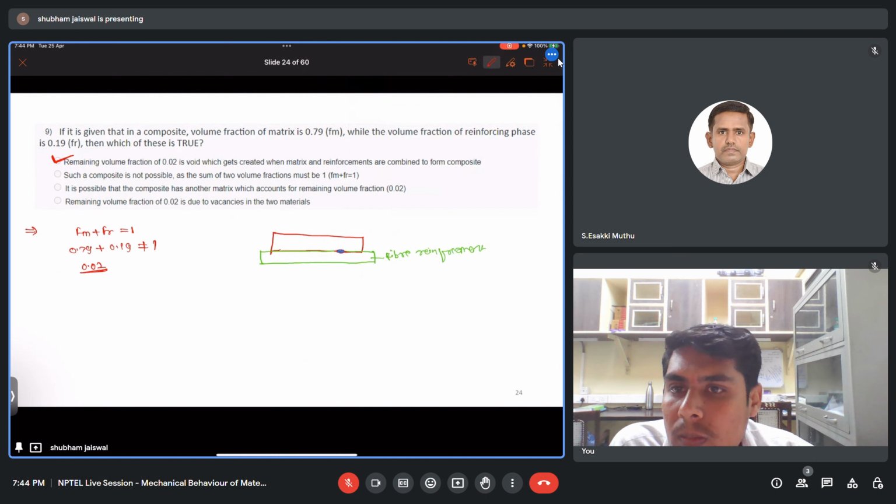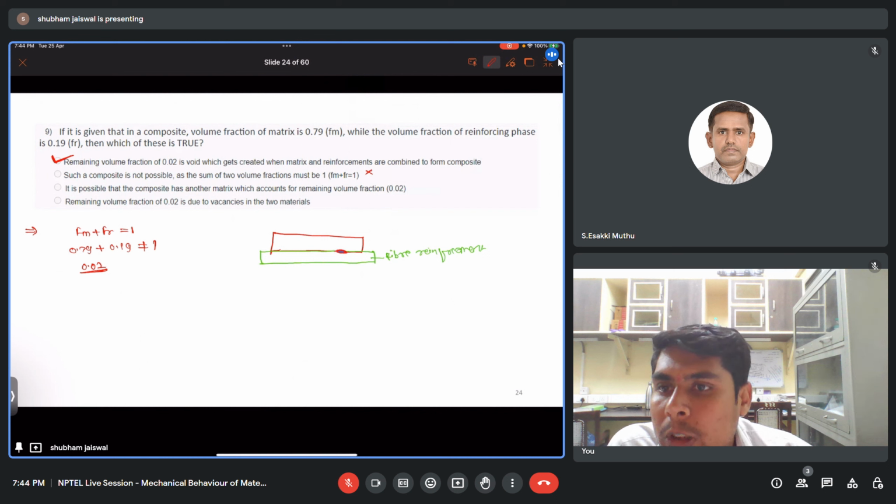Now coming to the next part. Such a composite is not possible as the sum of the two volume fractions must be 1. So this is not the case. Ideally we can say that, but actually there might be some void formation when creating the composite. So this one is also not correct.